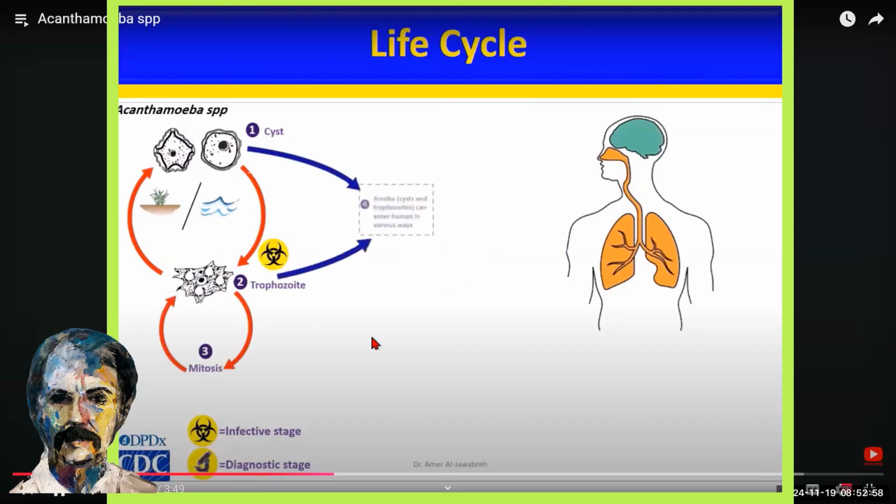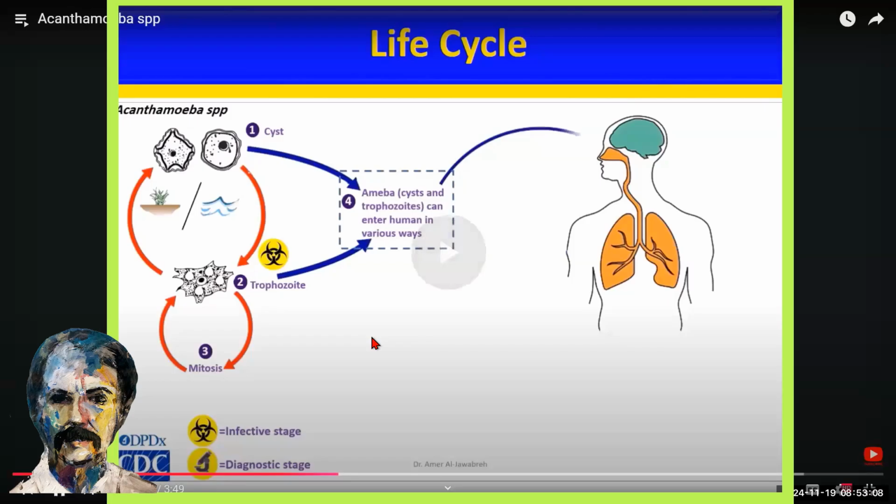The cyst and the trophozoite, exactly like Balamuthia, both of them can enter our body through the eyes, if we are swimming, maybe, or if we have contaminated eye drops. They can get in our eyes and cause problems.